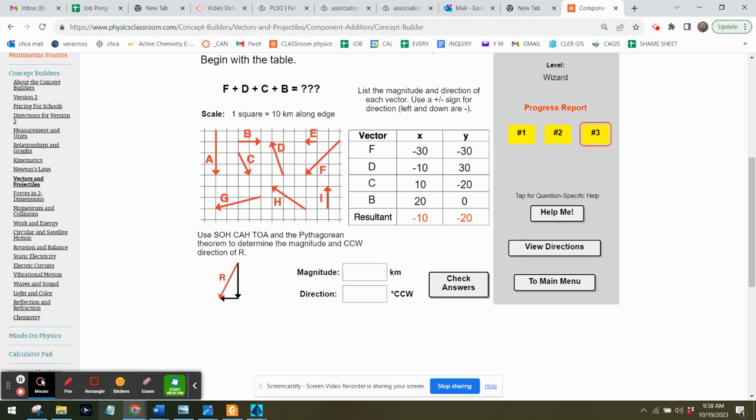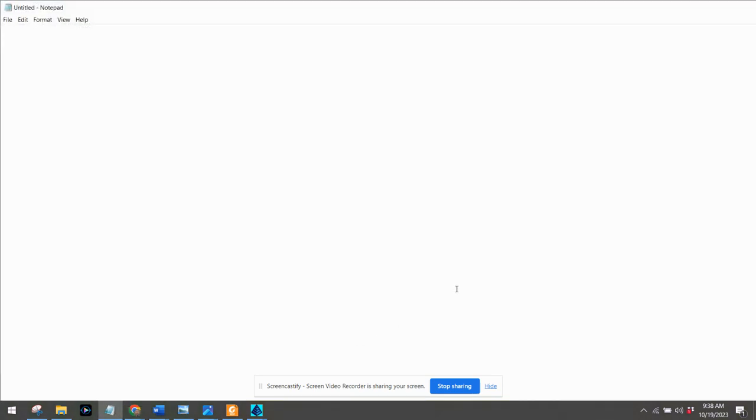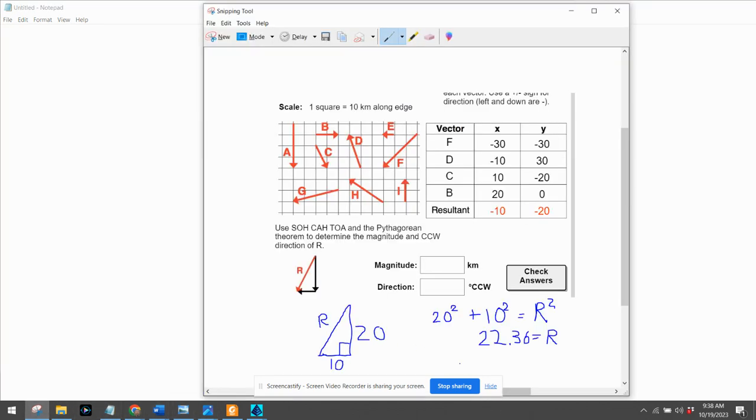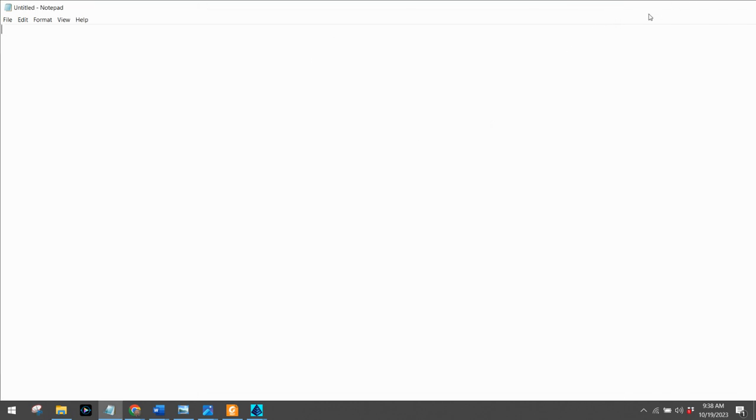So as you can see here, if we put in 20 squared plus 10 squared, that's equal to r squared, and we can solve for it. This is just Pythagoras theorem. We'll find that our missing side is in fact 22.36.